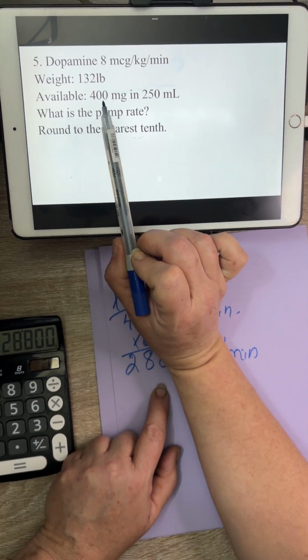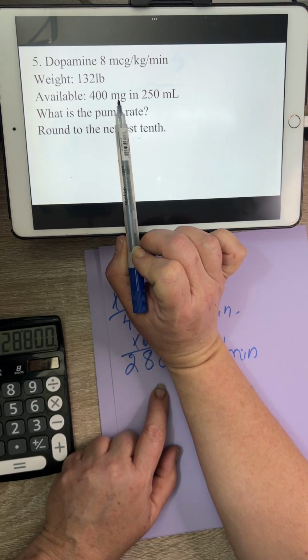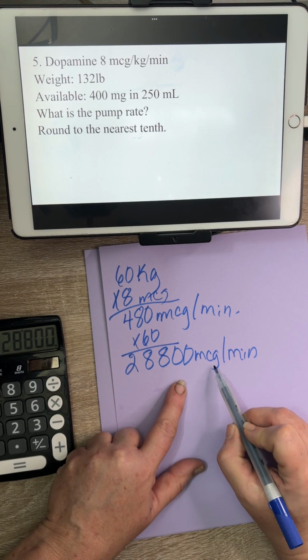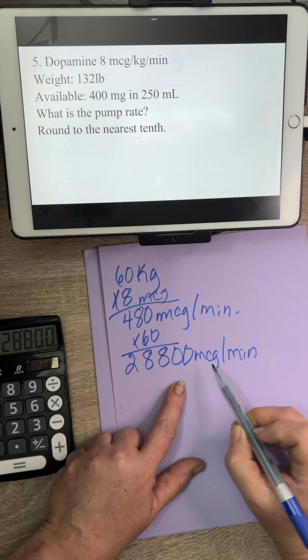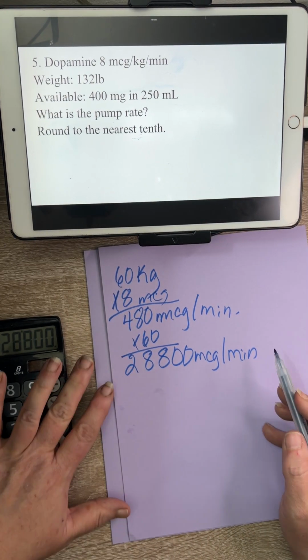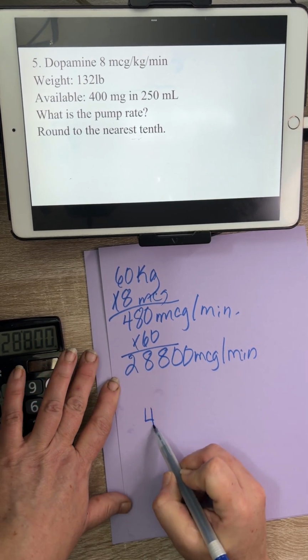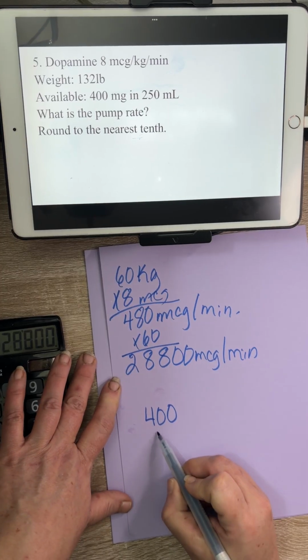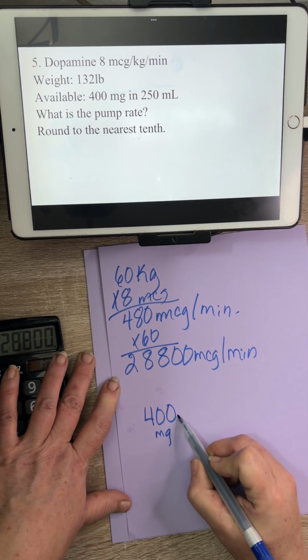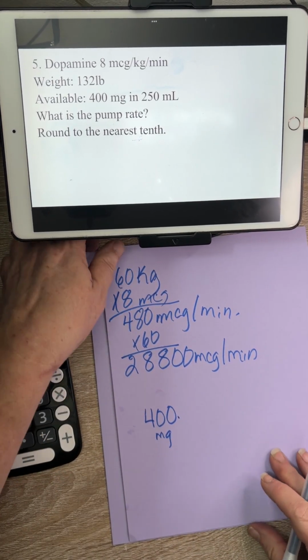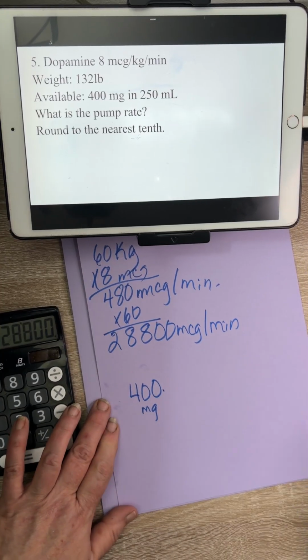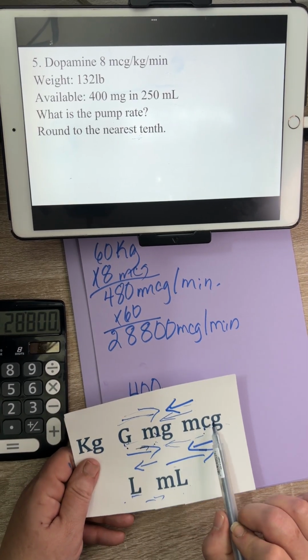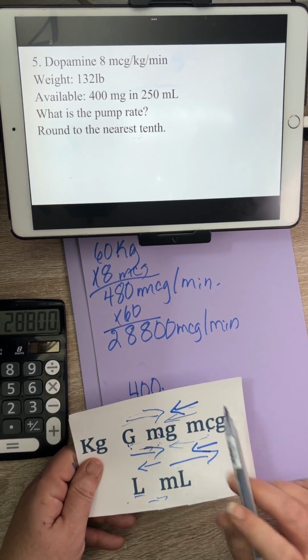And look, what we have in our hand is 400 milligrams. And these are micrograms. So we're going to have to do something. Let's change the milligrams to micrograms. 400 is a whole number, and the decimal's understood to be at the back. And so, look, milligrams to micrograms, we're going to the left.